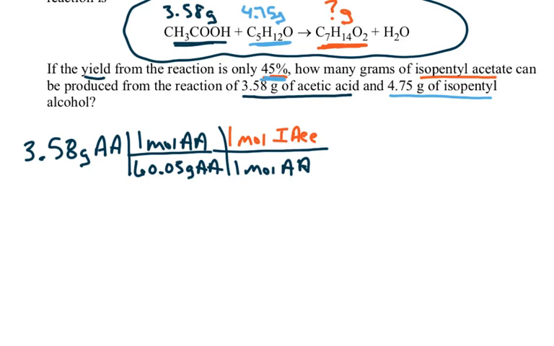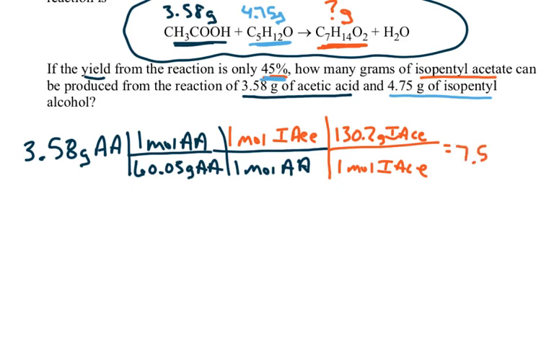And then for every 1 mole of that stuff, we have 130.2 grams. So that one is 7.58 grams isopentyl acetate.